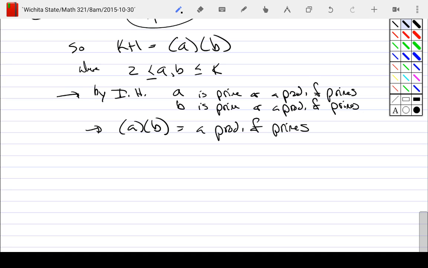Is everybody okay with that? You would just stuff in A is a product of primes, plug it in. B is a product of primes, plug it in. I suppose I could write it this way. I don't know if maybe this would help.